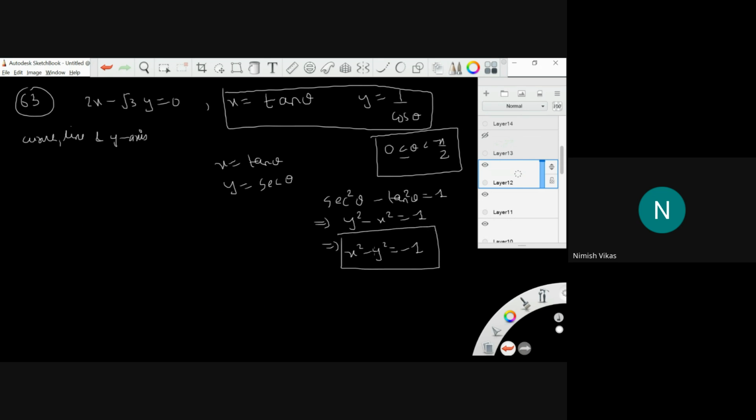Now this graph, what is this? It's a very popular graph. You should know this. Tell me, what will it be? Isn't it a hyperbola? It's a hyperbola, but what kind of hyperbola?